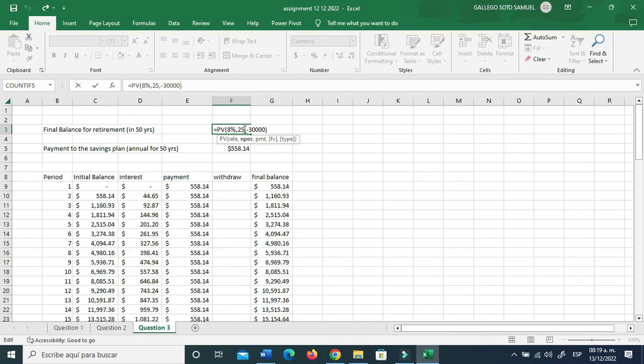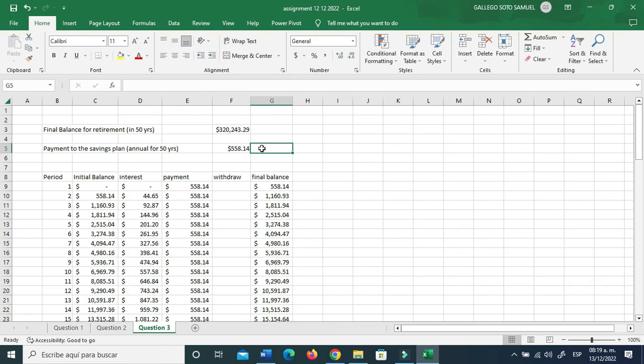Okay, here I have 25 because I will be withdrawing 25 times. Here, PMT, this is gonna be 50 because I'm gonna make 50 deposits. Now, comma, and it highlights the present value number, which we do not have, but we have the future value, which is the final balance at retirement.